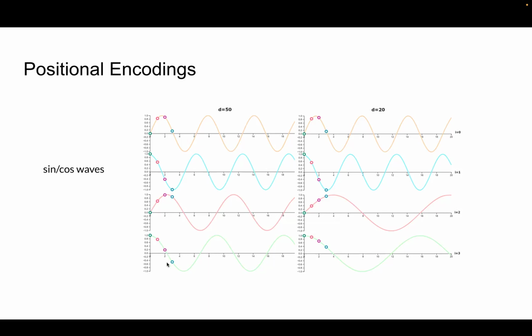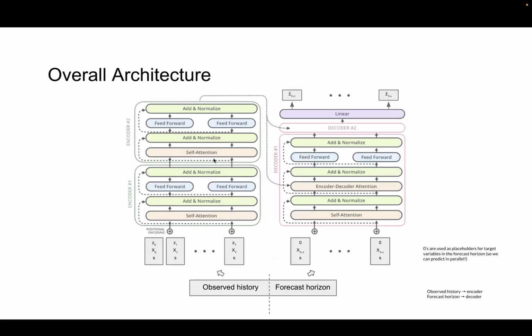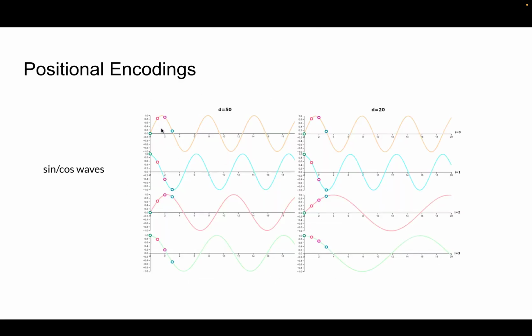So at each time step, we'll get this feature vector of size 4, which represents our positioning information. And surprisingly, this kind of information is already enough for the transformer to figure out which time steps are more recent or which time steps are further away.